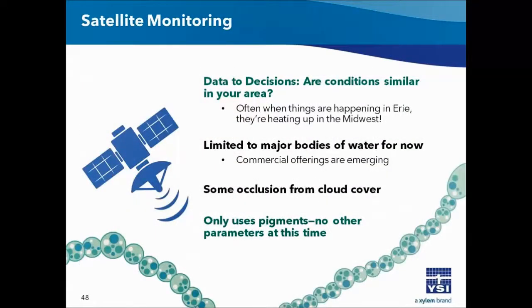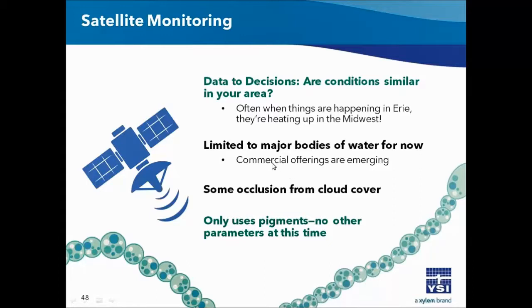So in terms of using those data to make decisions, most of us aren't on Lake Erie or in the Gulf, and we're on a lake where we don't have satellite data. However, it's very useful to monitor what's going on in your region because it might be indicative of what could happen where you are. And these technologies, as far as public availability, are limited to major bodies of water.